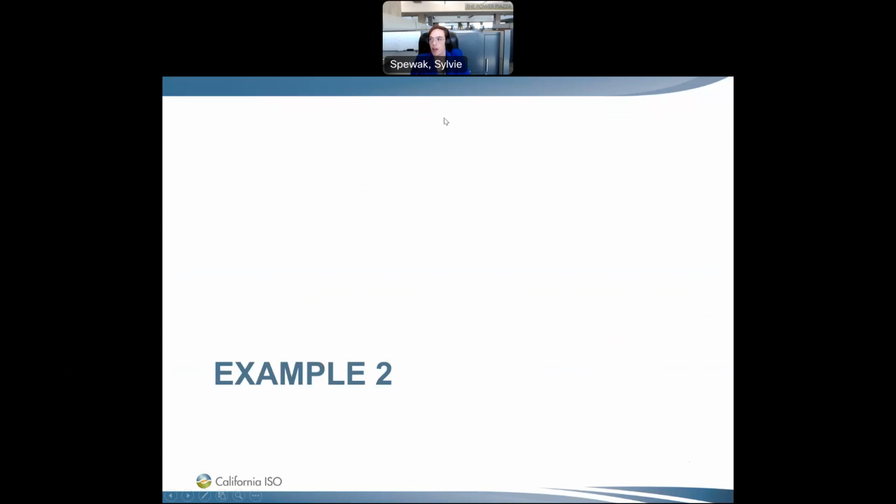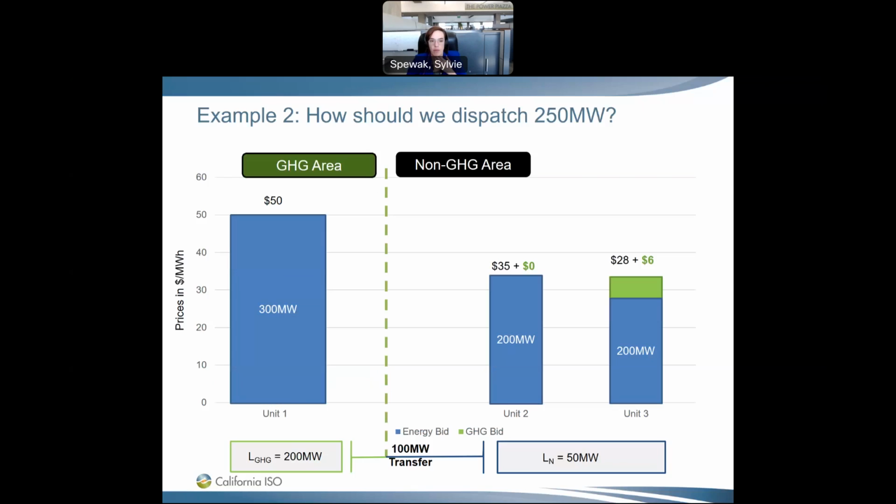Okay, now we're going to move on to example number 2. This is a very similar problem as before, with one important difference.